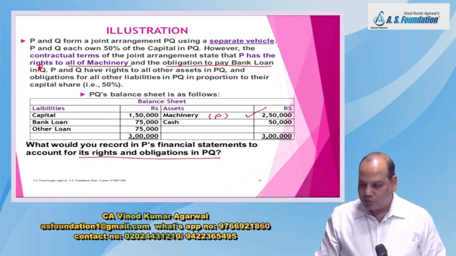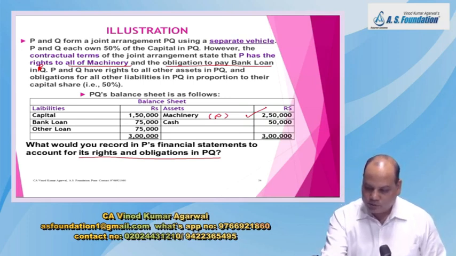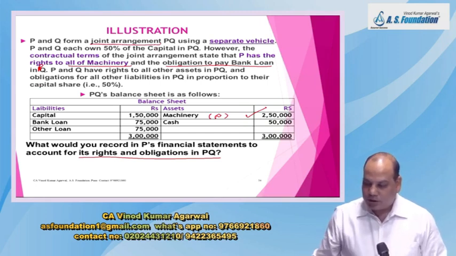Now, first of all, we have to see whether there is a joint arrangement. The answer is yes, the question has made that clear. And then whether it is a joint operation or joint venture, because parties are entitled to assets and liabilities separately.